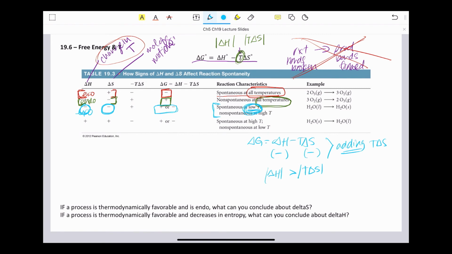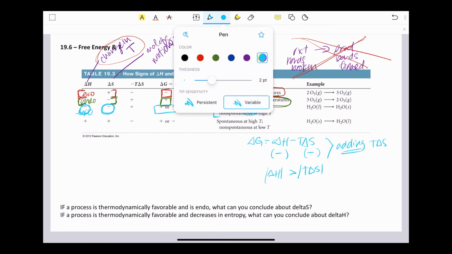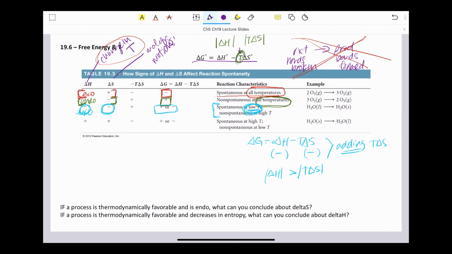Okay. And then we have that other scenario, which says that if we have something that is endo, but there is a favorable delta S, meaning that it has more microstates at the end, it is spontaneous also based on temperature, but in the opposite way. So let's do the equation first. Delta G equals delta H minus T delta S. And this one is positive now, this one is positive now, and there's a minus sign in the middle.